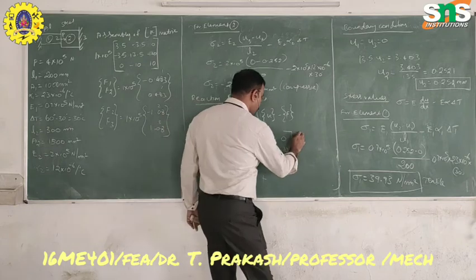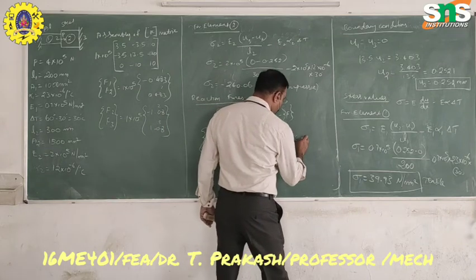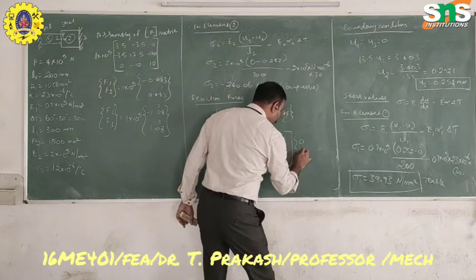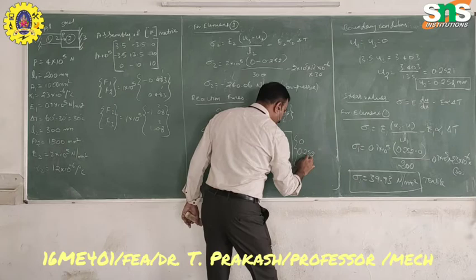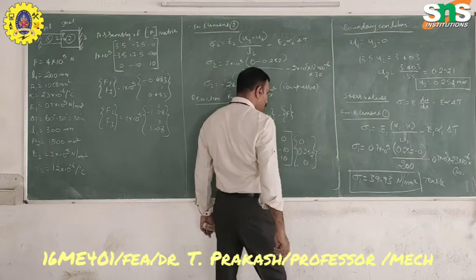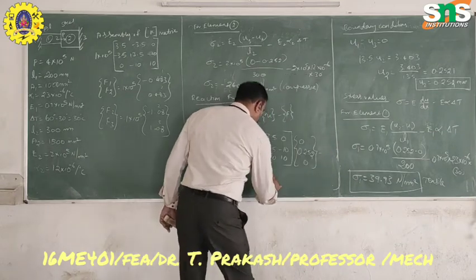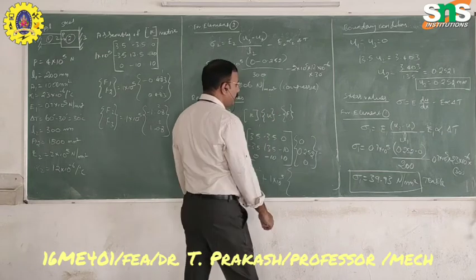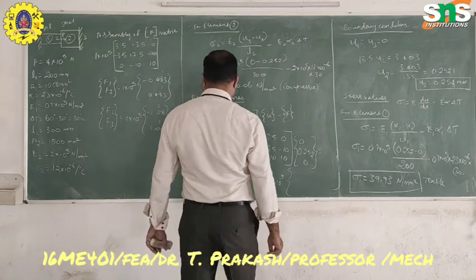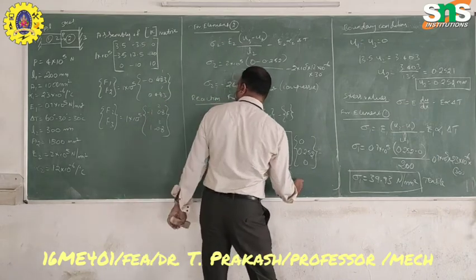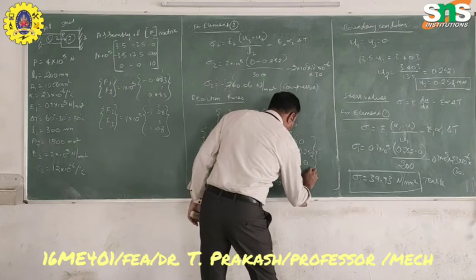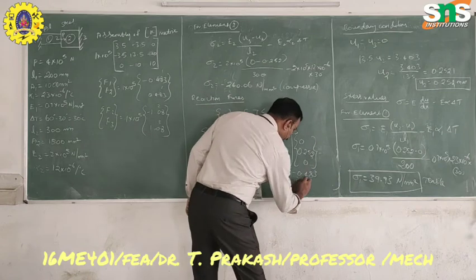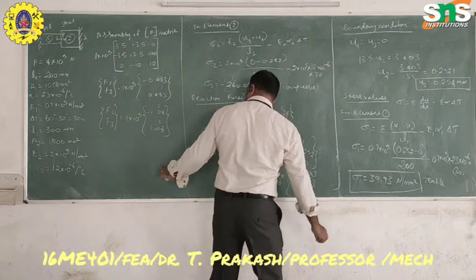And displacements, U1 is 0, U2 we got the value 0.252, and U3 is 0. Minus the force vector, the same, 1 into 10 power 5 you take common, F1, F2, F3 values. What is the F1 value? 0.483, and F2 value 3.403 and F3 value 1.08.